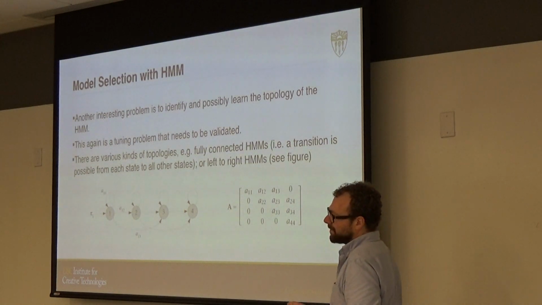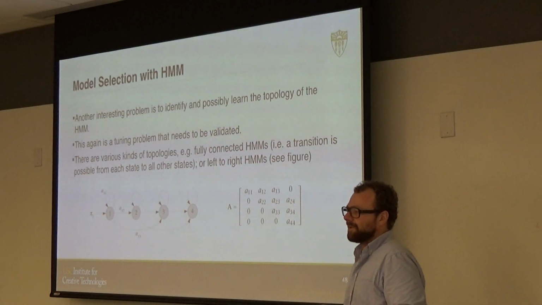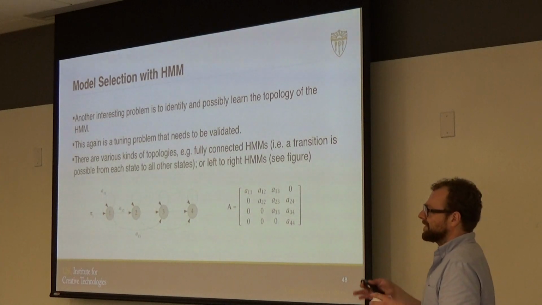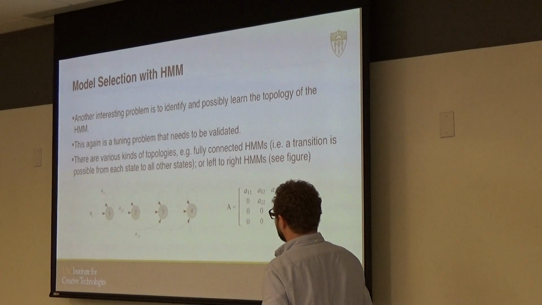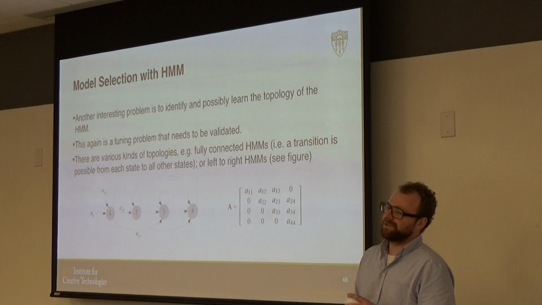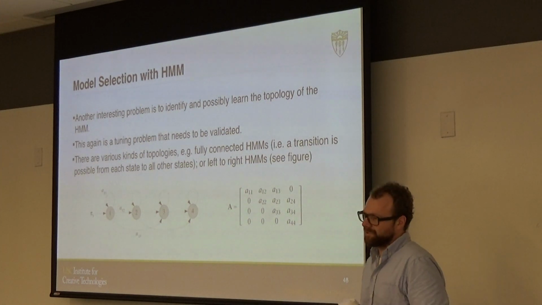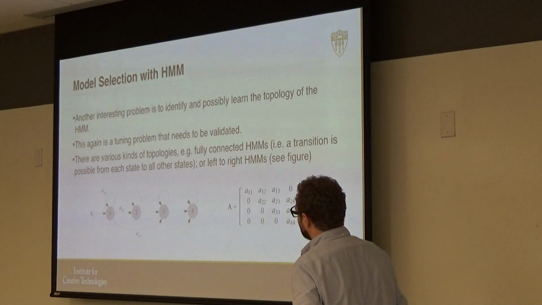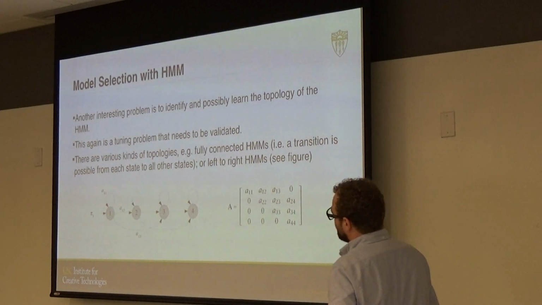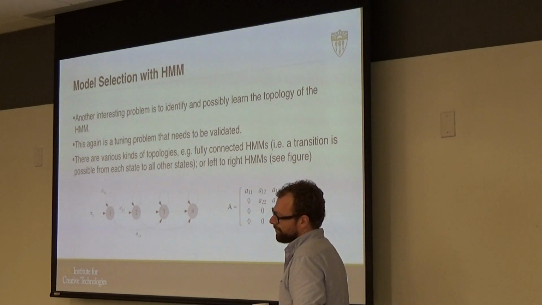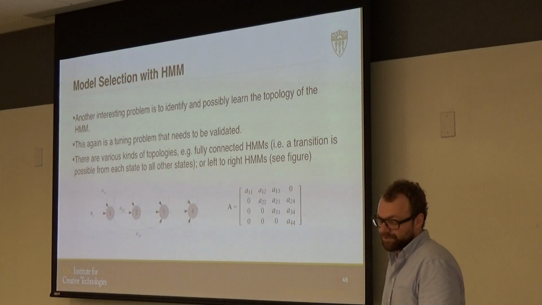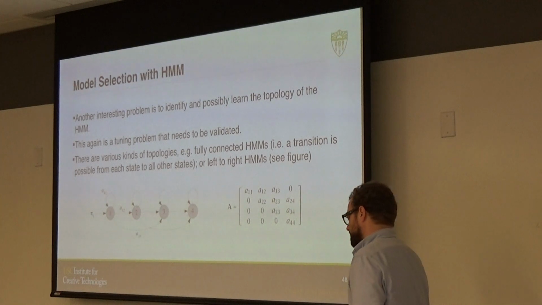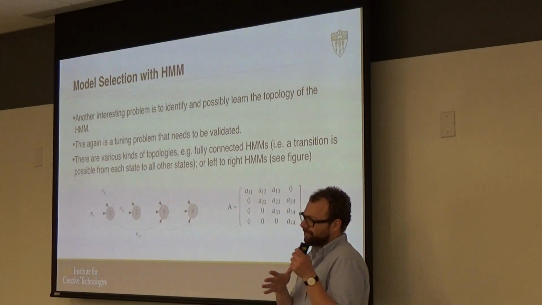So there are often different kinds of topologies that we could use for hidden Markov models, and there's no real rule to always use left-to-right or always fully connected, etc. So this is again like a hyperparameter which you should try to optimize and validate for. Which model is the best is unclear most of the time, but you could try to infer based off of your prior knowledge.